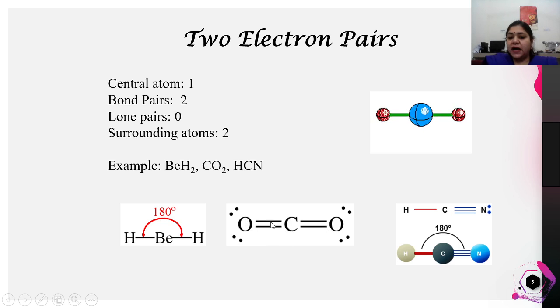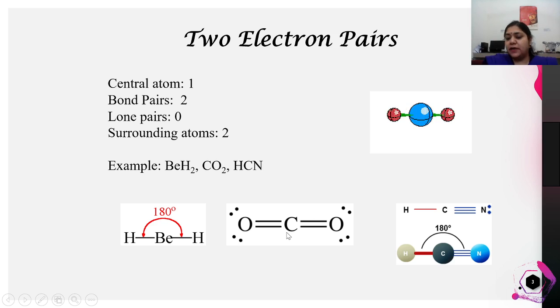Also, pi bonds do not have any effect on the shape, because these are always with the sigma bonds. So in this case the carbon has no lone pair and it has two bond pairs, because we will count only the bond pairs of sigma bonds, not of the pi bond.